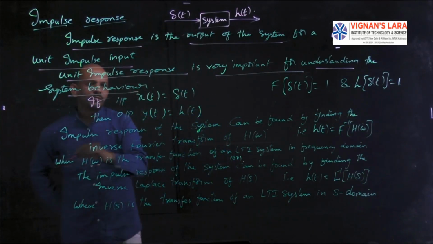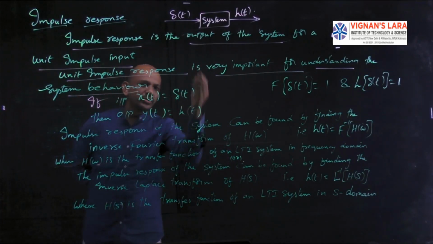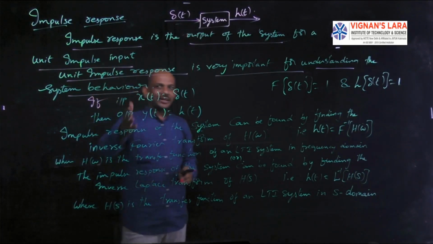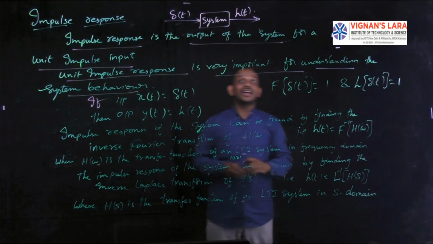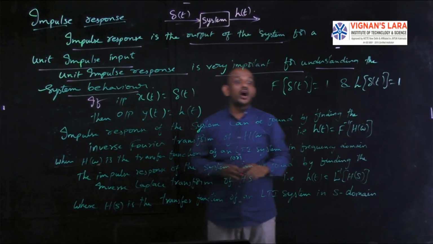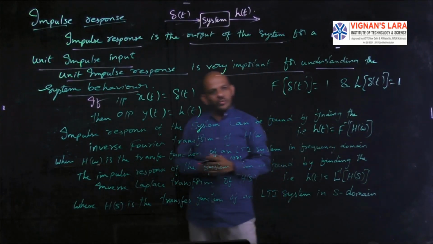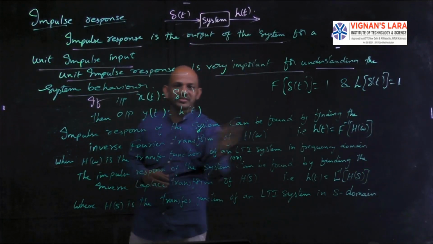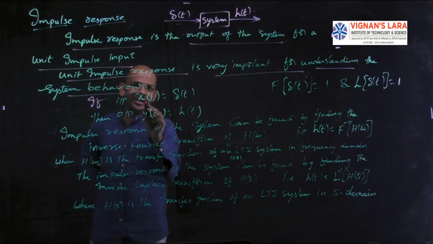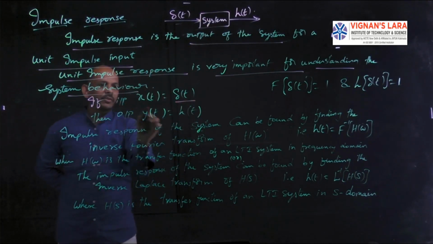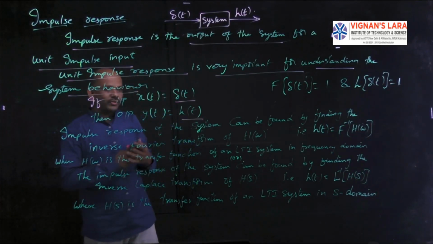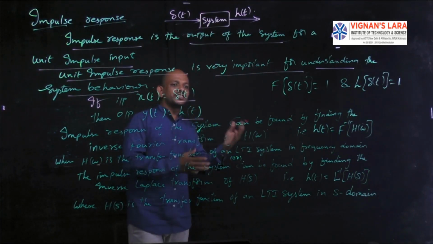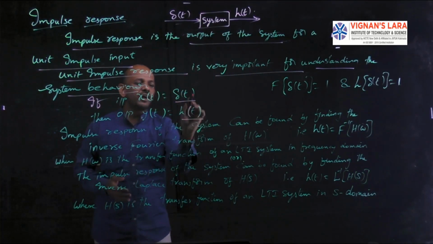So if the input x of t is equal to del of t, that is, the input we give to the system is the unit impulse, then the output y of t will be equal to the impulse response, represented with h of t. Whenever x of t is equal to del of t, at that time y of t will be equal to h of t.